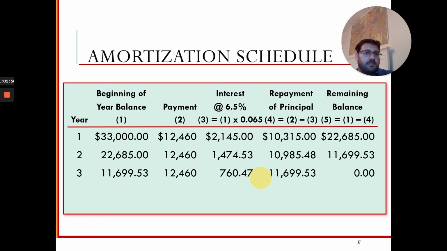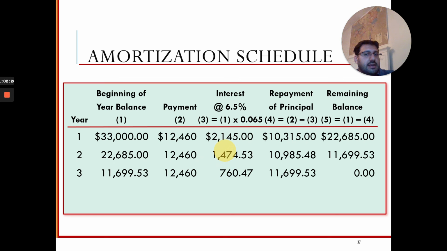Now if you see what is happening, the fixed annuity payment of 12,460 is composed of the interest payment and the principal. In the starting years of the loan, because there is more balance on which you have to pay interest, the interest payment is always more. And as time goes on, the interest payment starts decreasing. From 2,145 it decreased to 1,474, and it further decreased to 760, right?